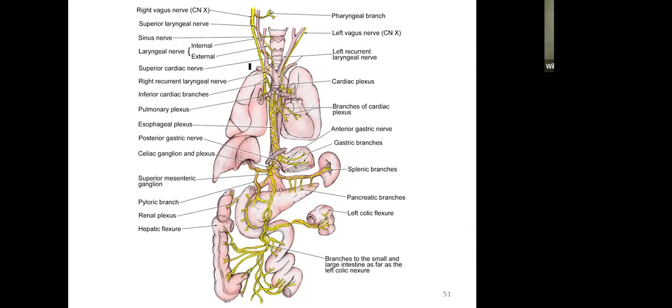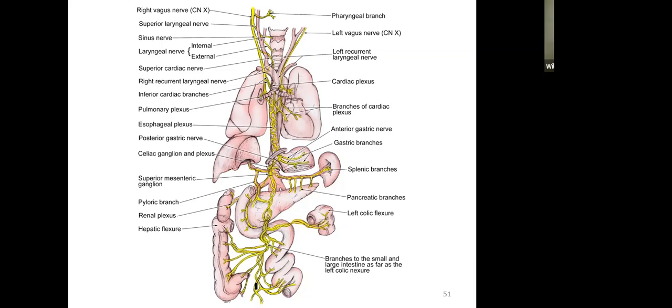So look at the way the vagus nerve traverses over the entirety of the body. And so you can have all kinds of complications within the gastrointestinal system, which are related to the divisions of the vagus nerve. So very, very interesting.